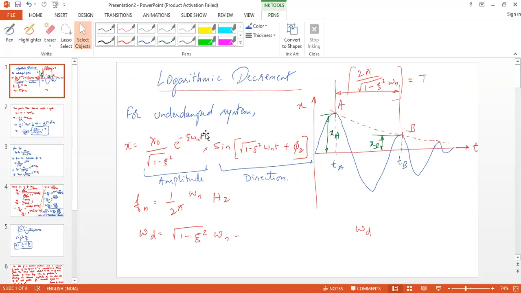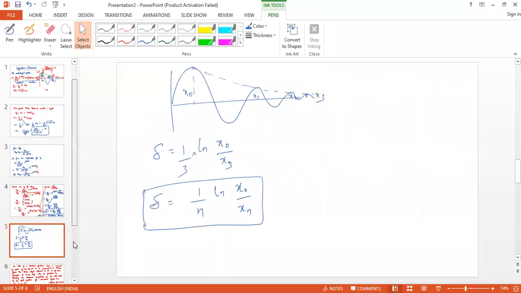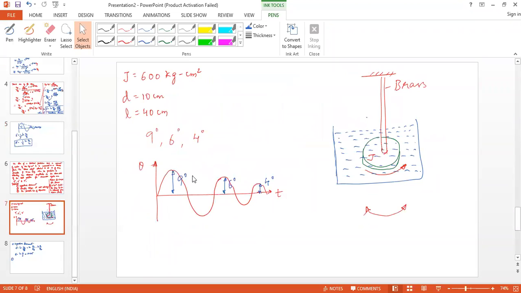The displacement x varies with respect to time exponentially. So this is an exponential curve. So if you find the logarithmic decrement for other successive amplitudes, you will get the same logarithmic decrement.